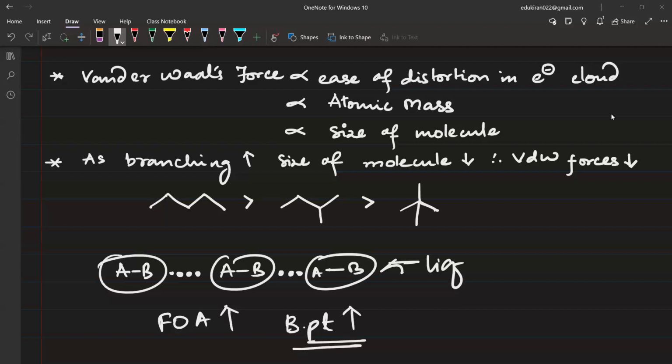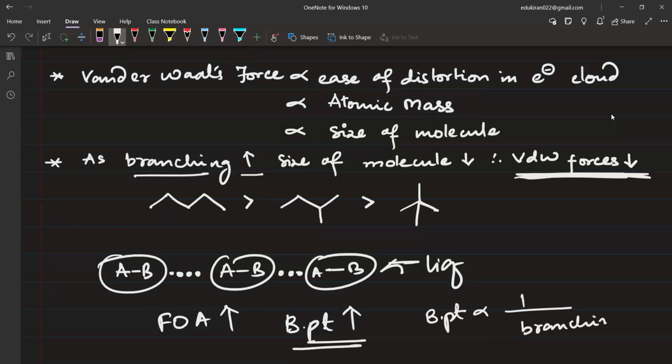As branching increases, size of molecule decreases, van der Waals forces decreases. So please see, I can write now, boiling point is inversely proportional to branching. Branching increases, van der Waals forces decreases, boiling point decreases.